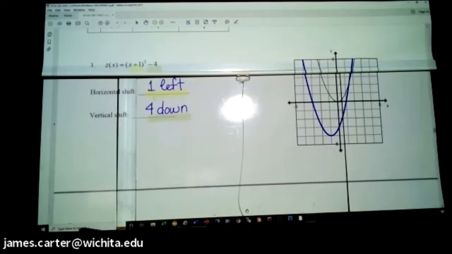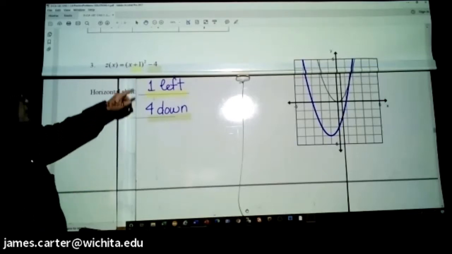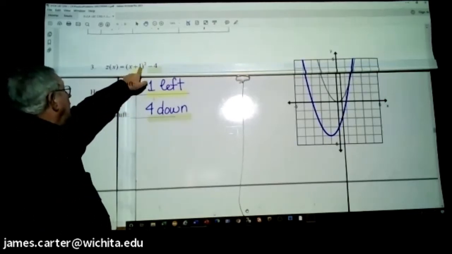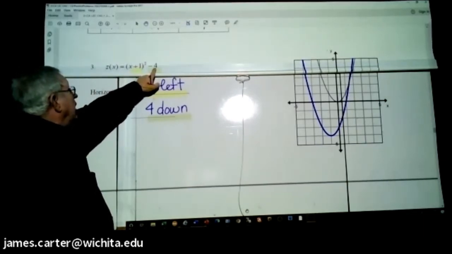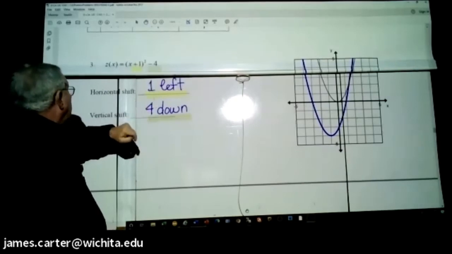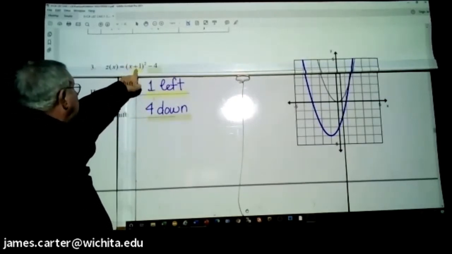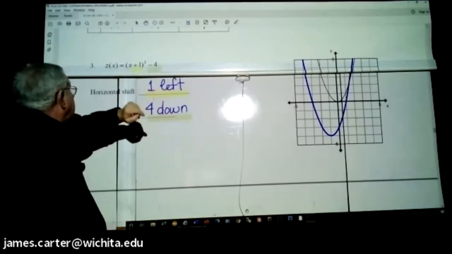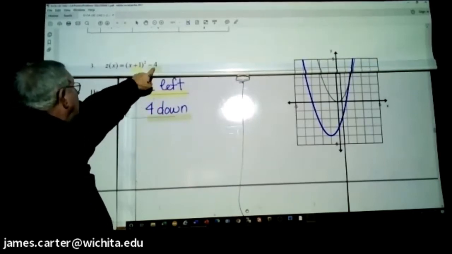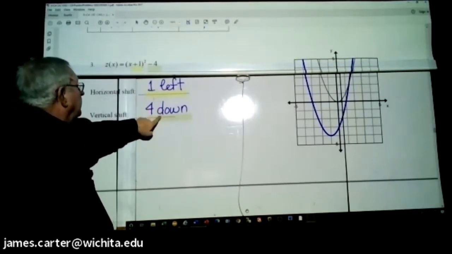This time we have 2 transformations. First, we have a left-right shift, and then we have an up-down shift. Okay, so the horizontal shift, we're going to go 1 opposite of sign, so 1 space to the left, and then we're going to go down 4.